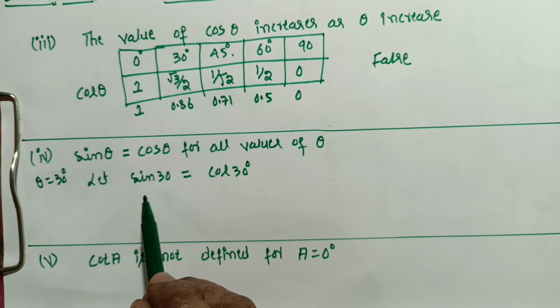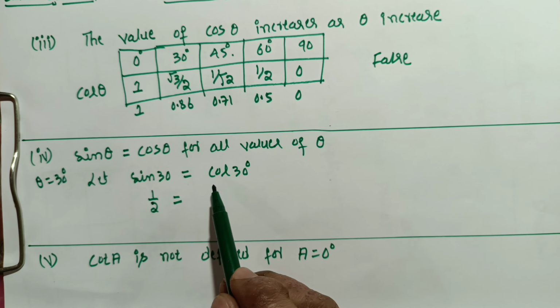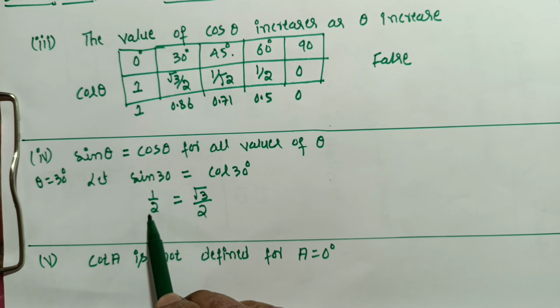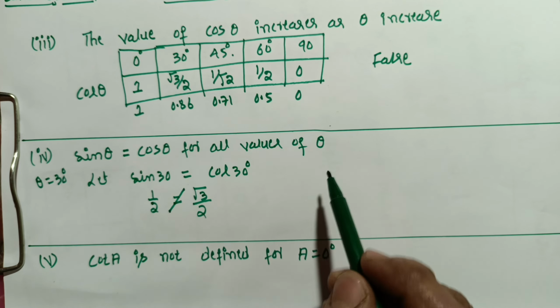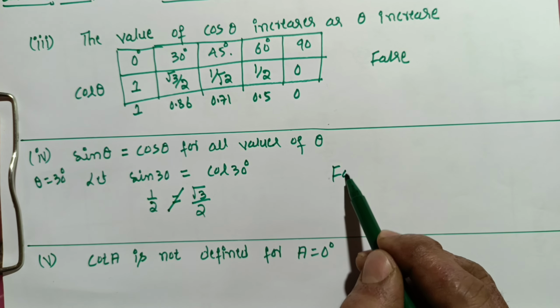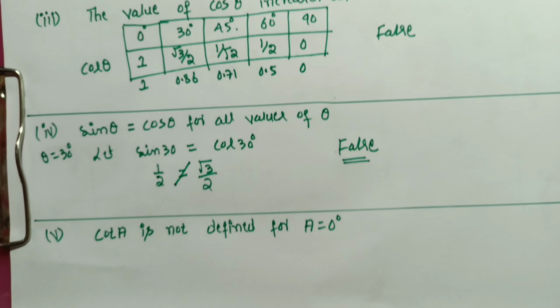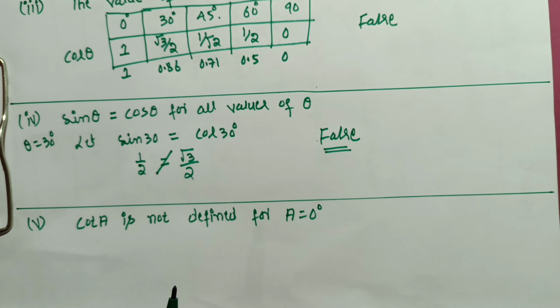What is the value of sine 30 degree? It is 1 by 2, which is equal to, what is the value of cos 30 degree? It is root 3 by 2. So if these two values are not equal, then the statement is going to be false. It is false.